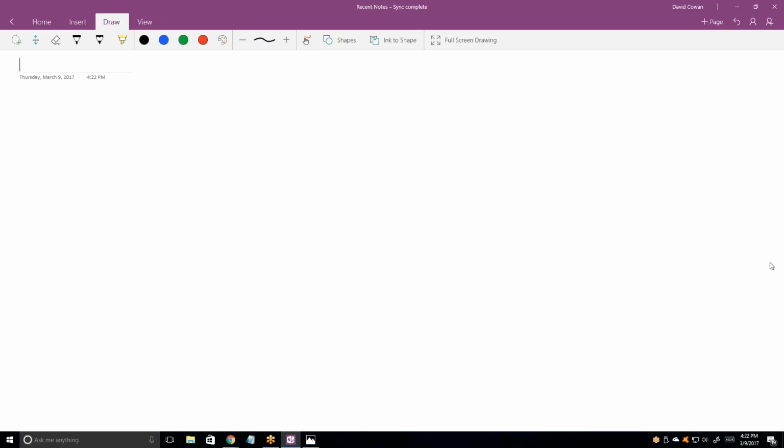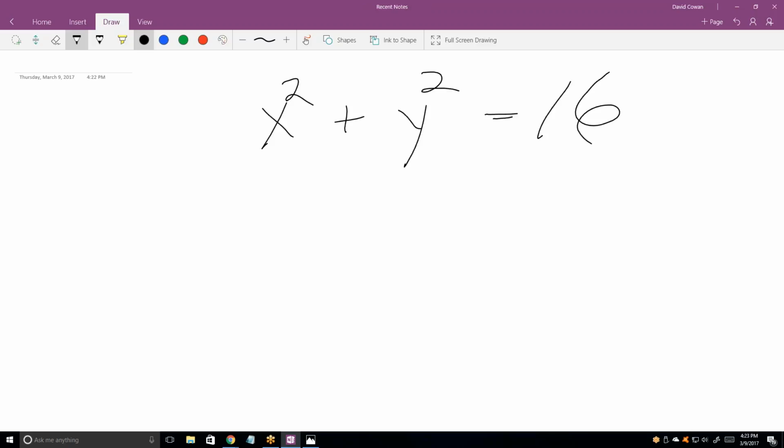Let's see, we don't have much time. Let's take an easier one. Let's talk about the equation of a circle. Right? That's a circle at the origin with a radius of 4.